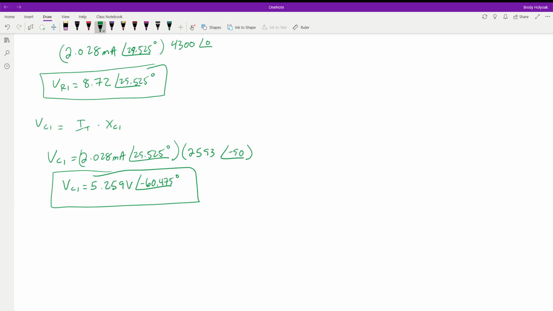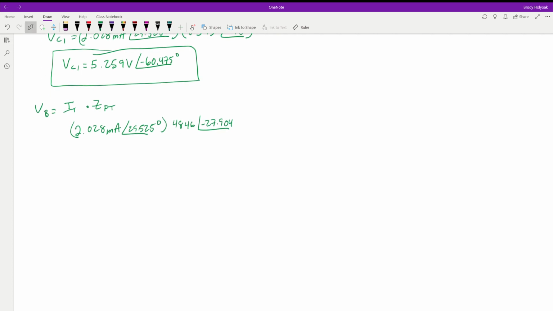And then the remaining part is the voltage dropped across B, which is our parallel branch. So it's going to be the current total multiplied by the impedance of the parallel total. So we have 2.028 milliamps at an angle of 29.525 degrees multiplied by this impedance value, which we had was 4846 at an angle of negative 27.904.